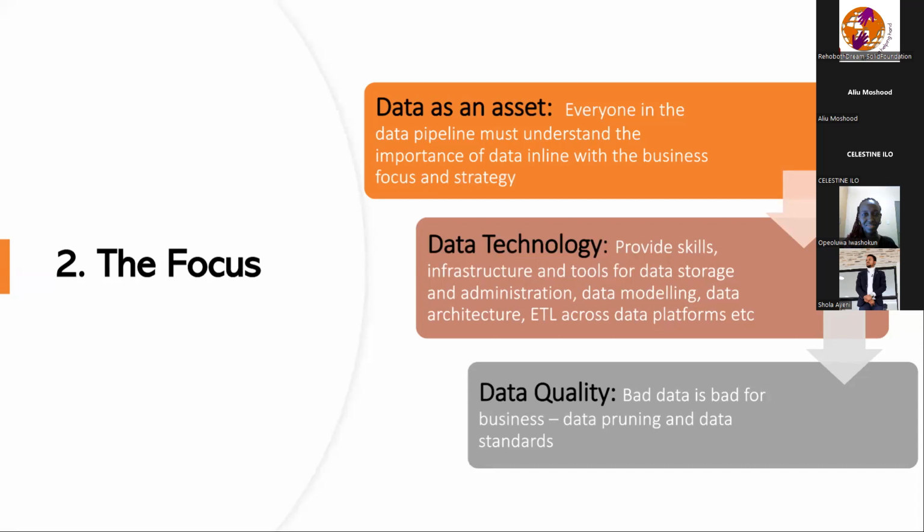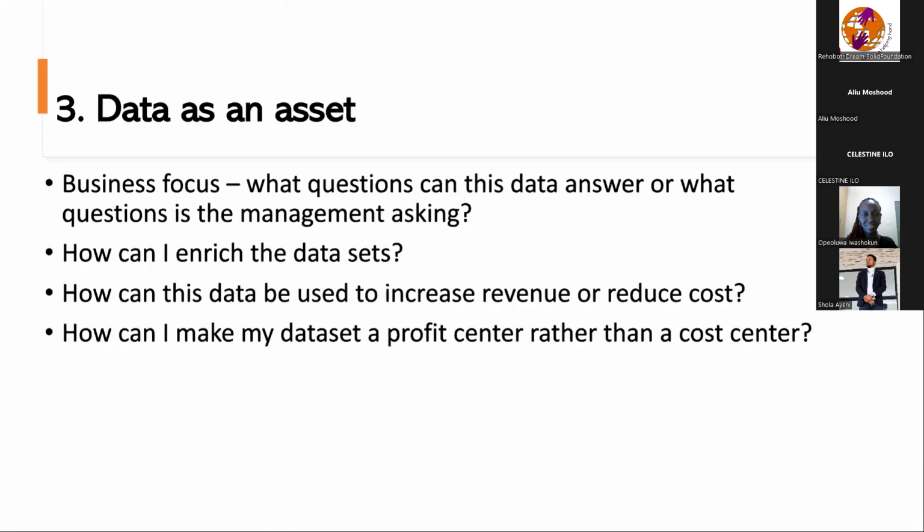You can do that easily with Alpha 5. So data is seen as an asset, then data technology and data quality. Data as an asset really is important because there's a lot of business focus on data now, and data can be used to infer a lot of information. So it's important we collect this data electronically.